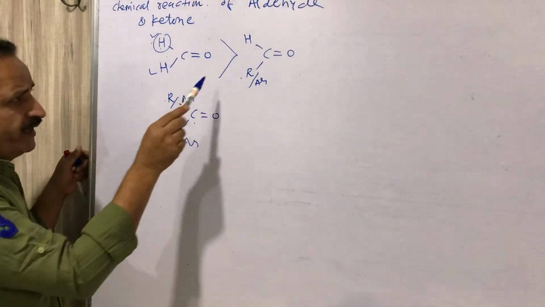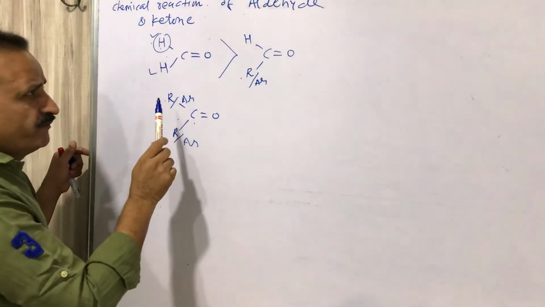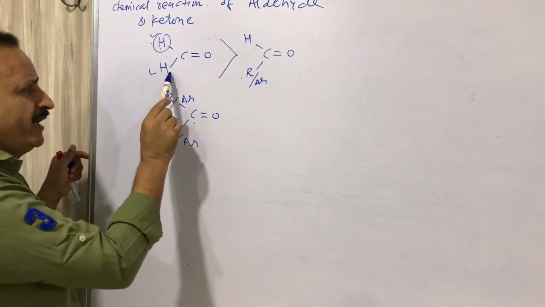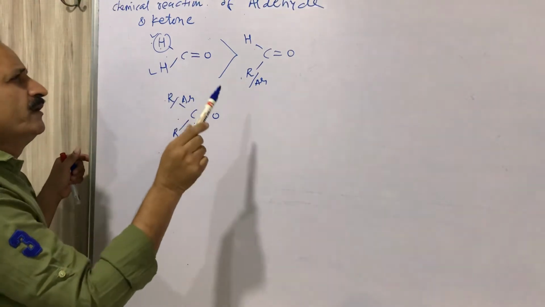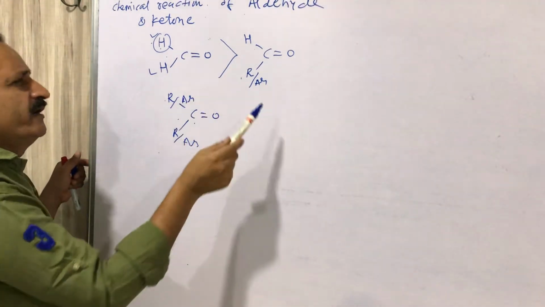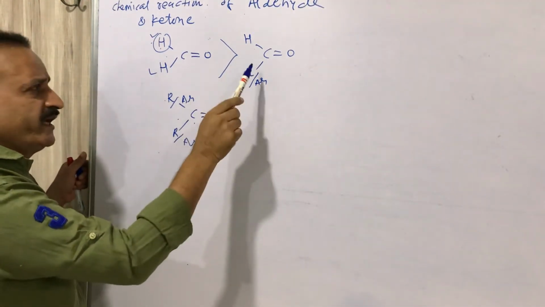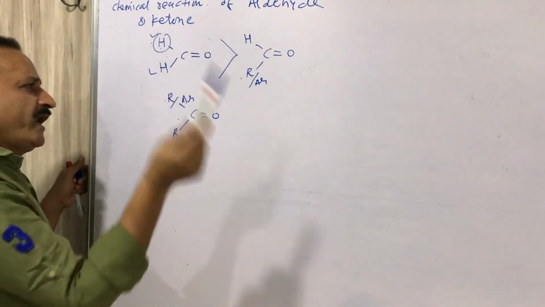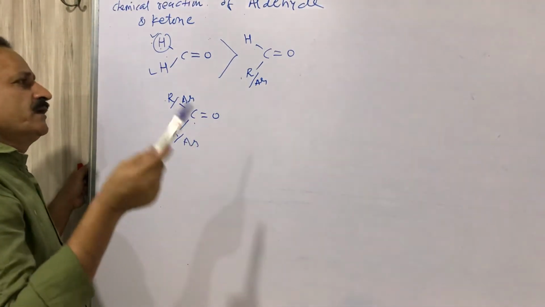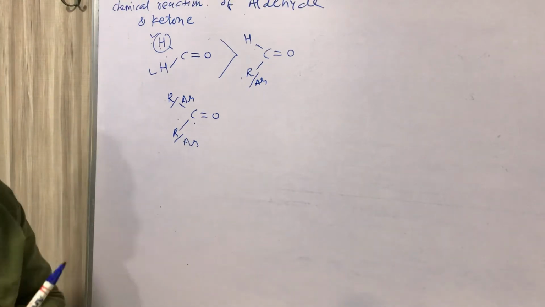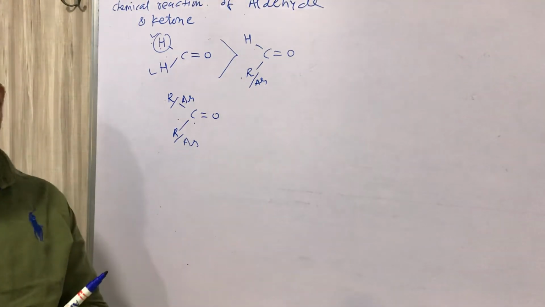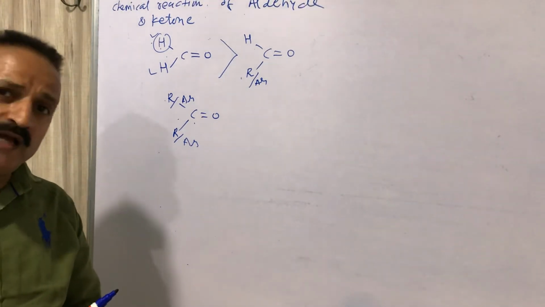So there will be a difference. We can clearly see that formaldehyde is more reactive than the other aldehydes. Aldehyde is less reactive than formaldehyde, and ketone is the least reactive, less than formaldehyde or aldehyde.